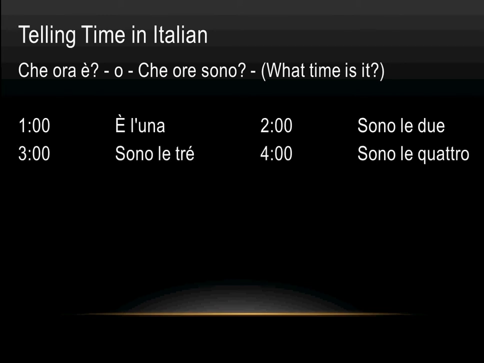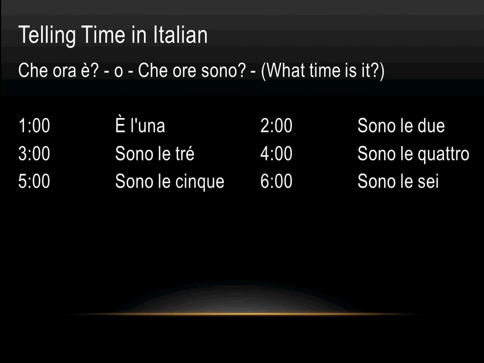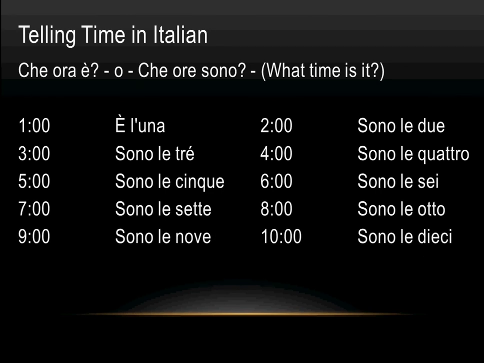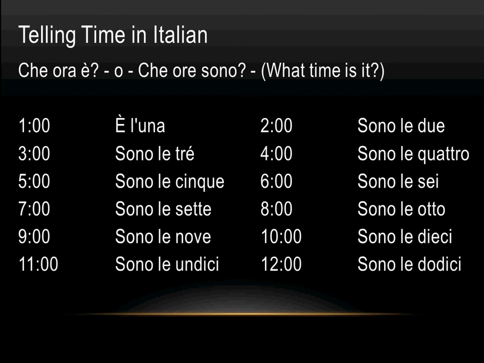That's right, sono le tre. 4 o'clock, sono le quattro. Sono le 5, sono le 6, sono le 7, sono le 8, sono le 9, sono le 10, sono le 11, sono le 12. Obviously, everything after 1 o'clock is plural. Therefore, they're all going to be sono and le, the definite article, and then the number itself. Facile, no? Okay, let's move on.